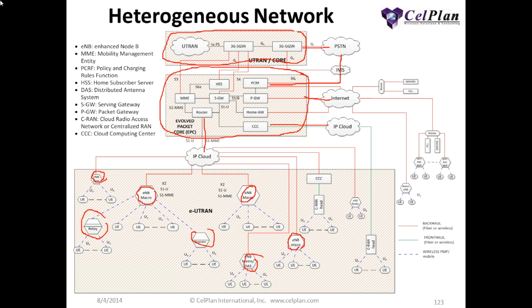And here we have an example of cloud computing, cloud RANs, CRANs, that connect to a cloud computing center that can be together with, or close to, the RAN, or it can be centralized in the core. So we have the CRAN head, and then we have the cloud computing center, and this really is what we call the fronthaul.